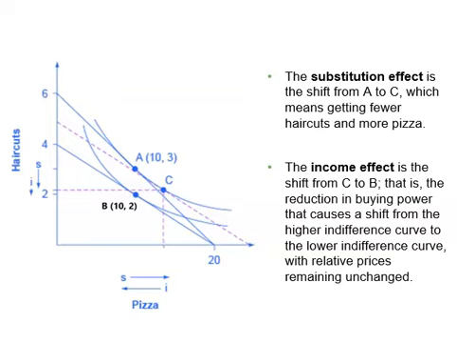Therefore, the movement from the original choice point A to point C is a substitution effect. It shows the choice that Ogden could make if relative prices shift, as shown by the different slope between the original budget set and the dashed line.